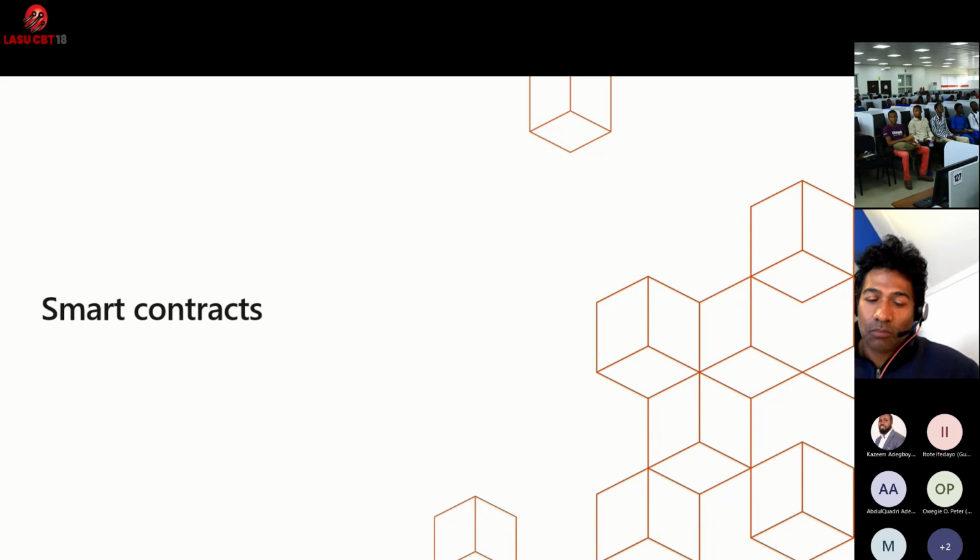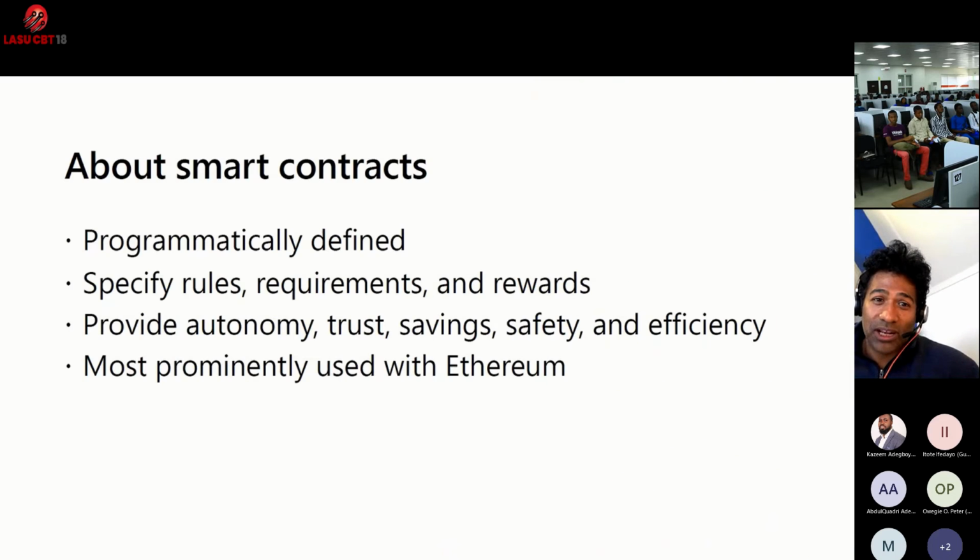These are where business rules and properties are programmatically defined and applied to the transactions we use in business. Most of these are used with Ethereum, and they also provide autonomy, trust, safety, and efficiency, and the secure level of trust that blockchains provide.